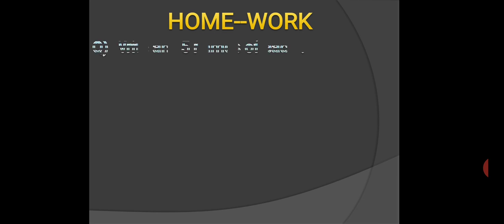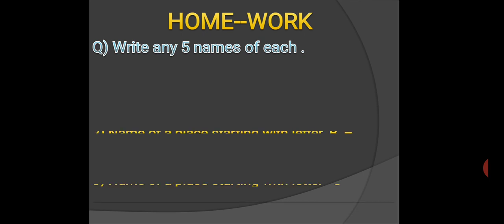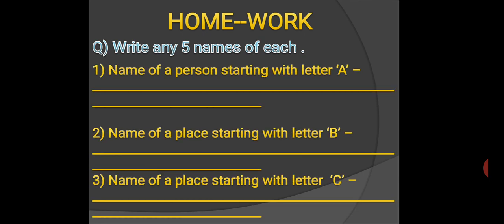You can see the homework. I will read it for you. You have to write any 5 names of each. You have to write any 5 names of a person starting with letter A. Don't forget, you have to write the names of a person.